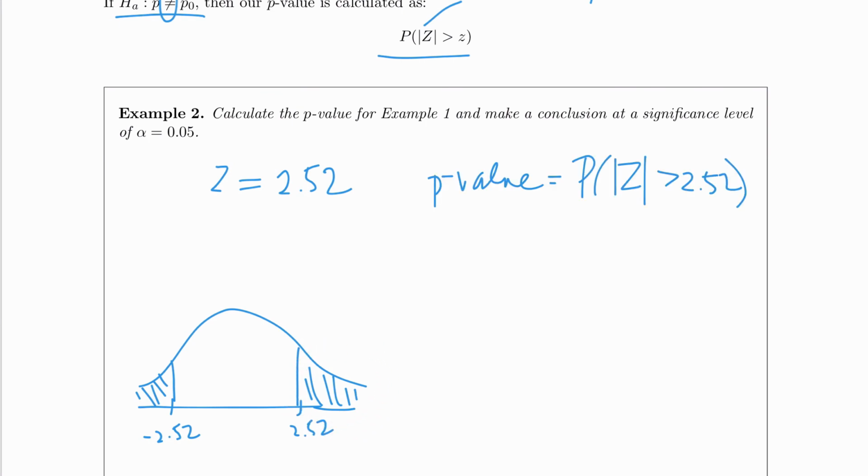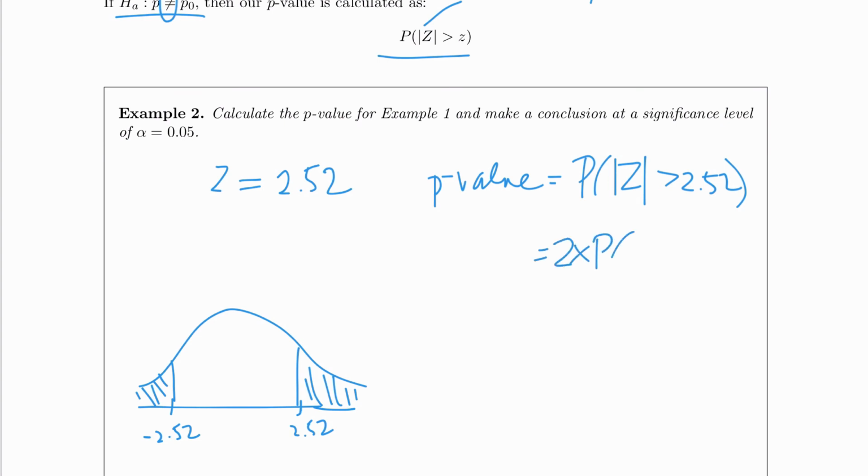Despite my poorly drawn picture, the normal distribution is meant to be symmetric, meaning that the area in this lower tail should be the same as the area in this upper tail. So all we need to do is figure out the probability in one of these tails and then double it.